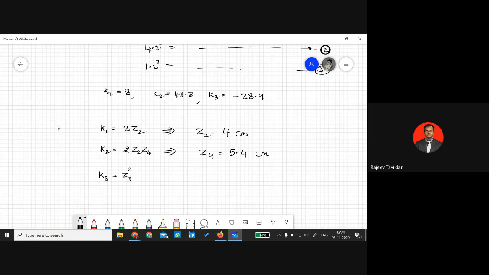Then K3 will be Z3 square minus Z2 square minus Z4 square. So from this, you should be able to get Z3, which will be how much? Approximately 4.